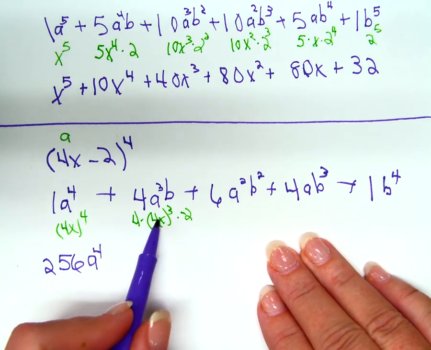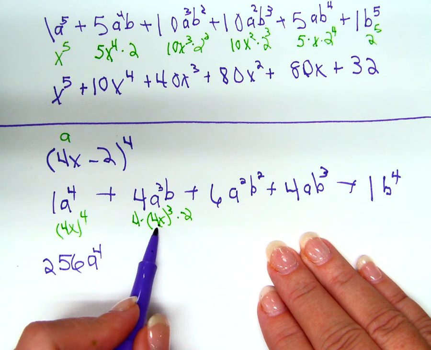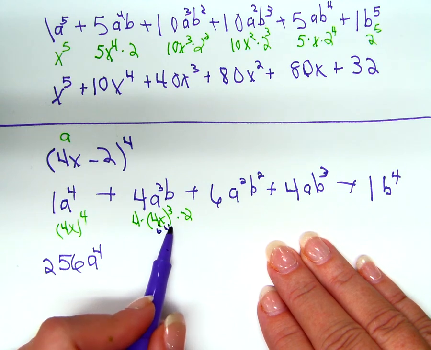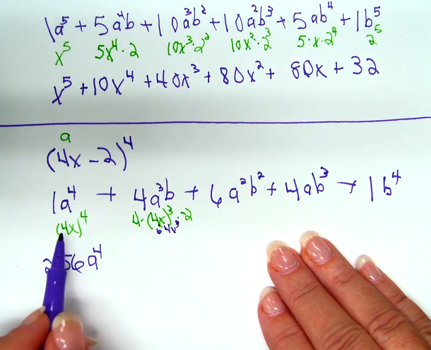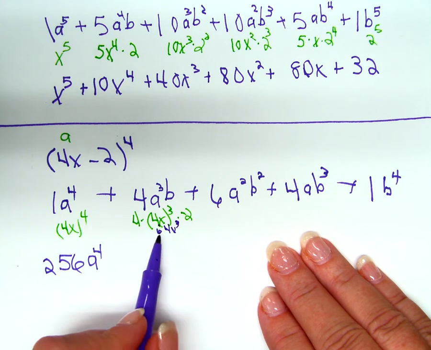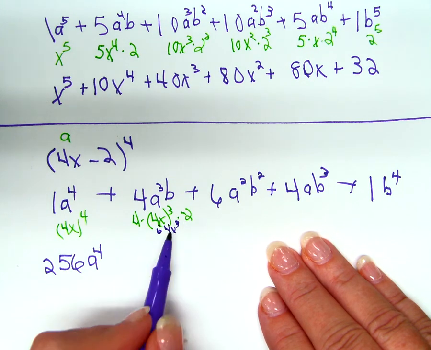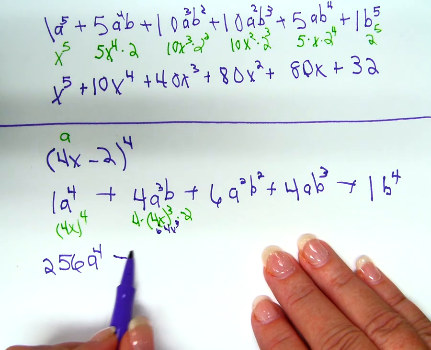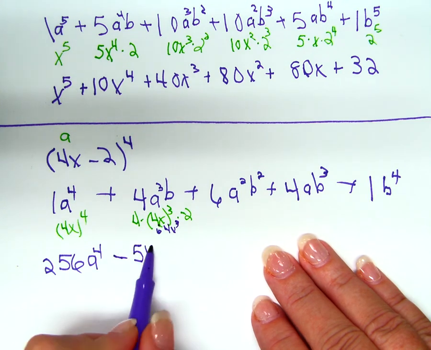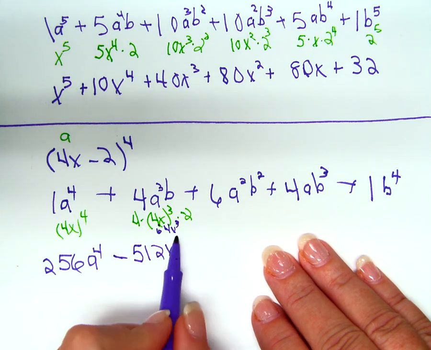So I have 64x to the third. That's what this part is right here. 64x to the third. But then I'm going to multiply that by 4. Well, I kind of did that over here, right? 4 times, so I've got 256. But 256 x to the third times negative 2. Negative 512 x to the third.